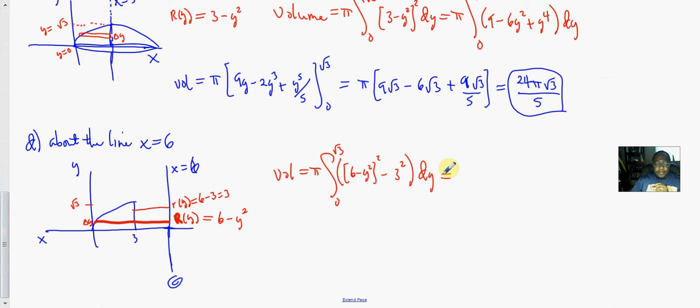Let's see if we get it. So this is pi times the integral from 0 to the square root of 3. Simplify all of that. We FOIL this out, so we get 36 minus 12y squared plus y to the 4th minus 9.